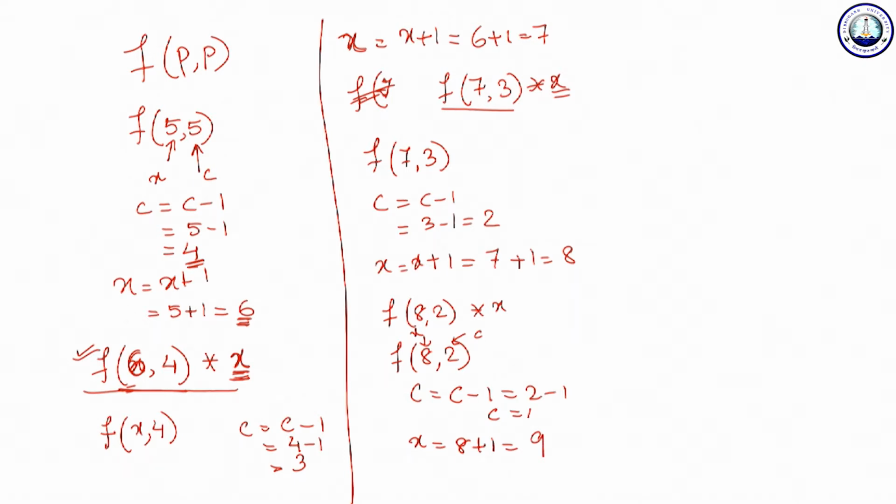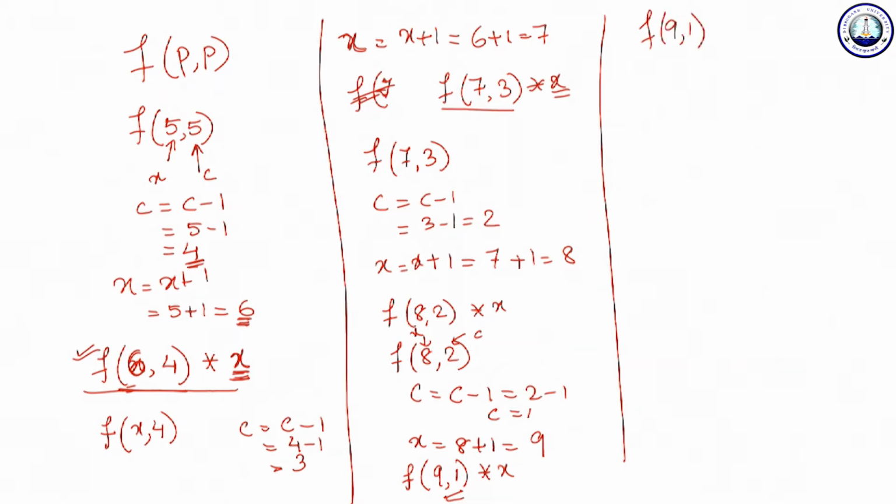Then it will be f of 9 comma 1 into x. Now again we have to do the function call for this one, f of 9 comma 1.